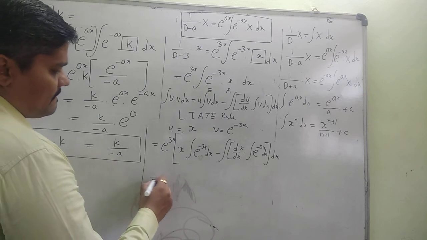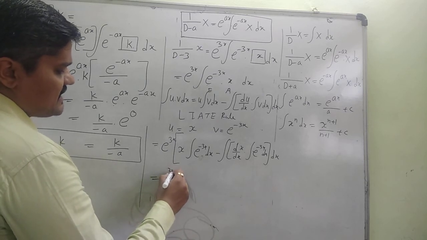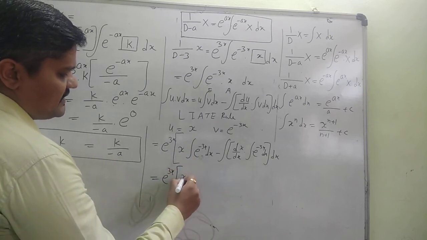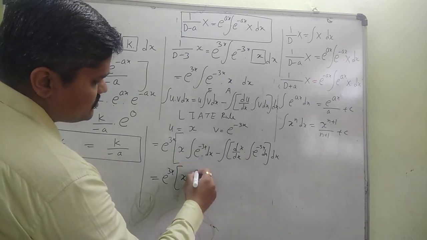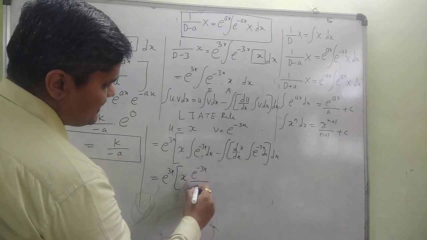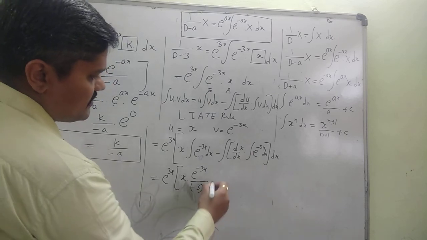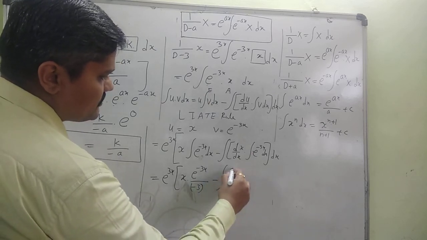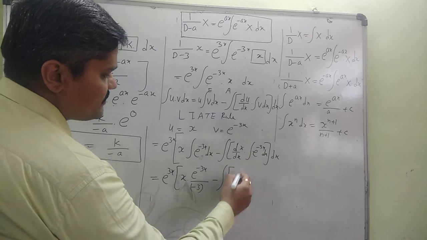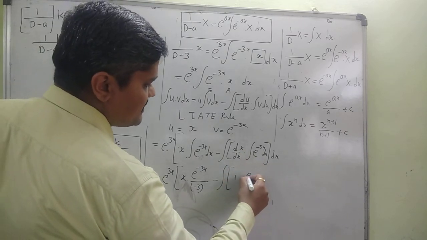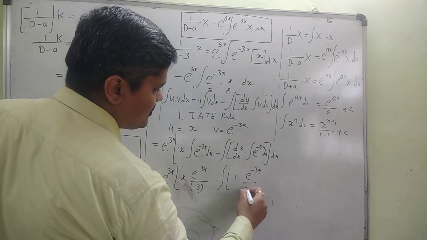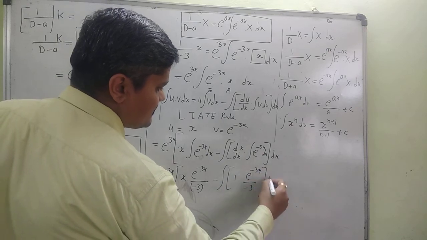Now e raised to 3x as it is, x as it is, integration of e raised to minus 3x will be e raised to minus 3x upon minus 3, minus integration of, in bracket, d dx of x is 1, integration of e raised to minus 3x will be e raised to minus 3x upon minus 3 dx.